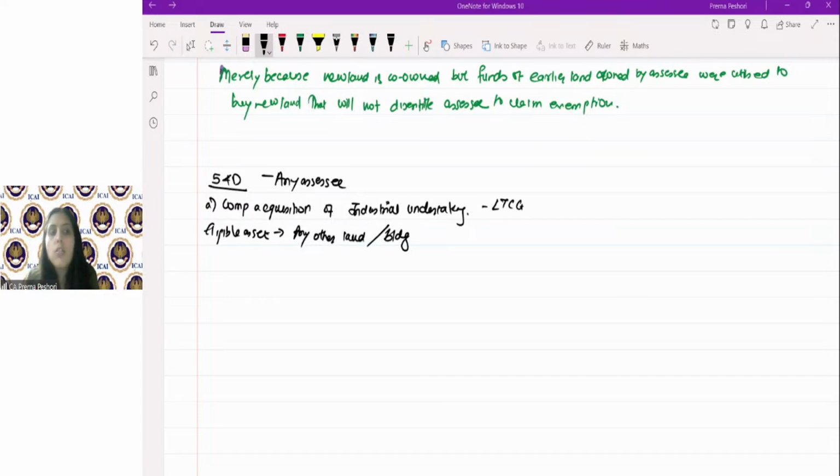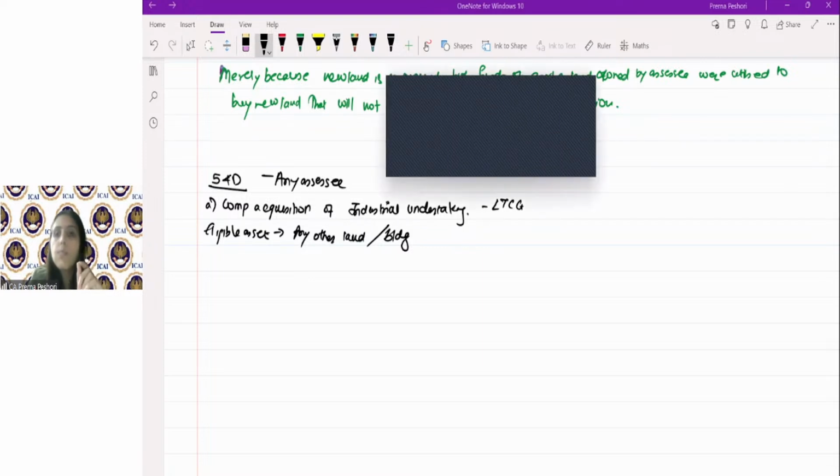Are we clear? So what is here the asset which should be transferred? The asset which should be transferred over here is the land or building compulsorily acquired in the industrial undertaking. And what should have been the eligible asset in this particular case?